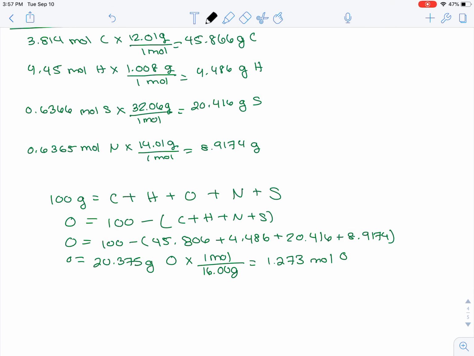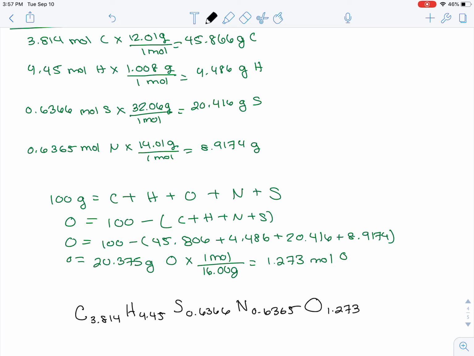Now we plug all of that back in. So our equation would look like this. Carbon, 3.814, hydrogen, 4.45, sulfur, 0.6366, nitrogen, 0.6365, oxygen, 1.273.